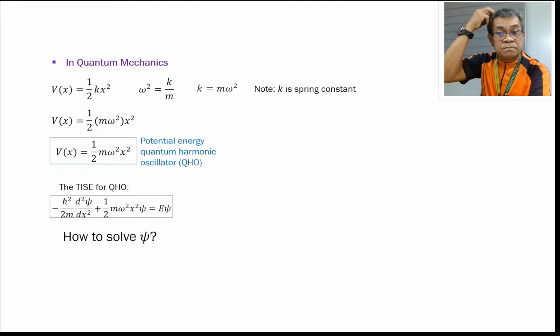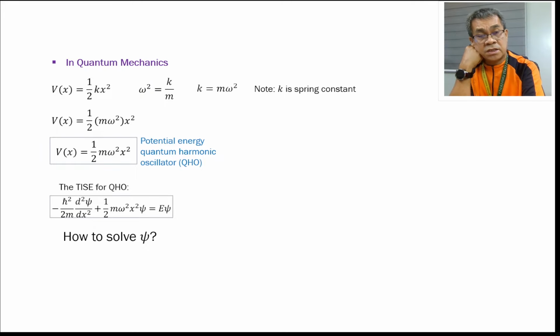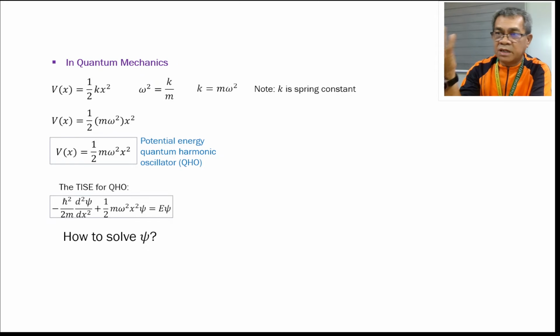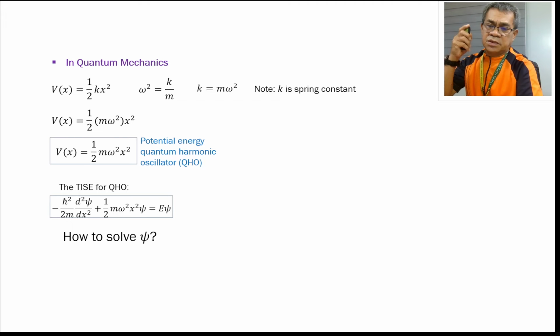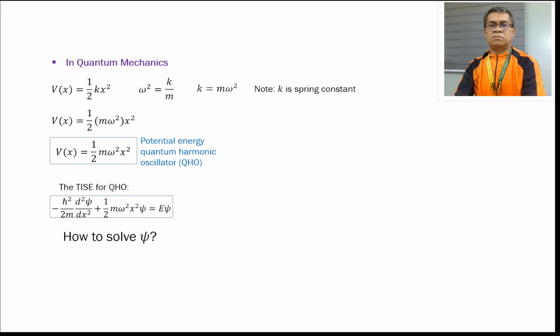Remember, the wave function is a very important quantity because it describes the quantum system. We can obtain probabilities, expectation values of dynamical quantities, and so on. So we need the wave function and the corresponding energy. The question is how to solve for the wave function.